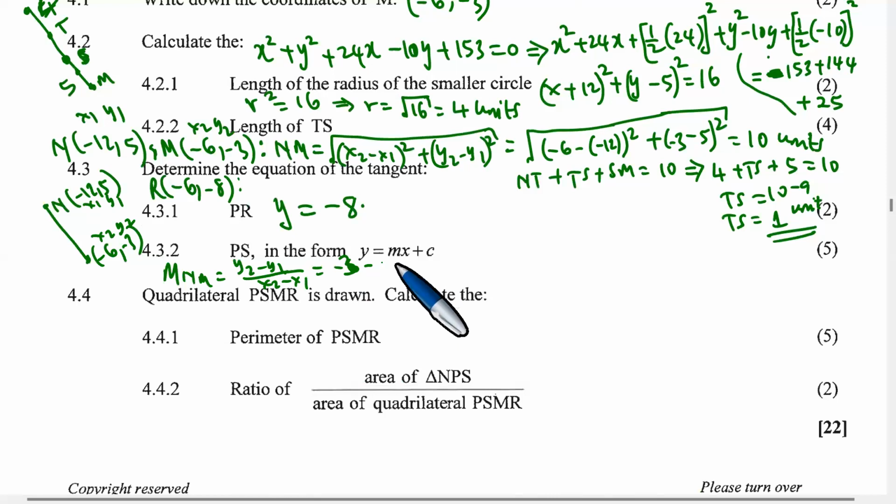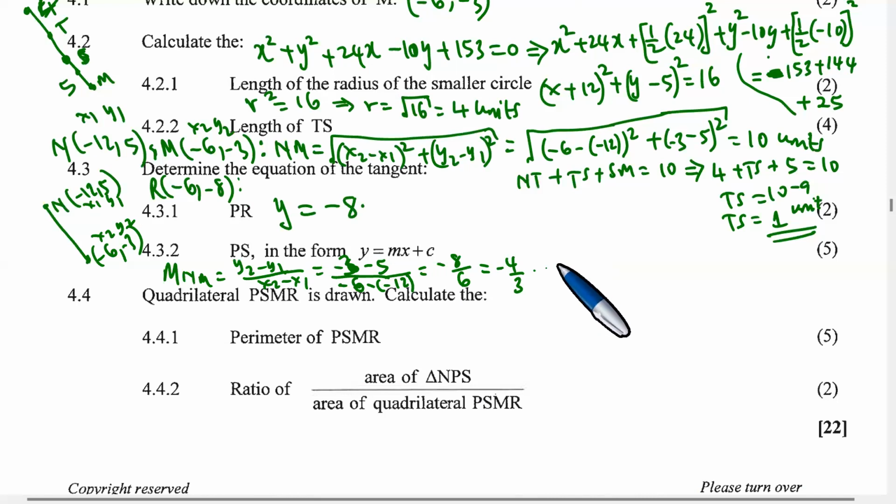What is y1? It's 5. x2 is minus 6. What is x1? It's minus 12. So this is minus 8 over 6, which becomes minus 4 over 3.